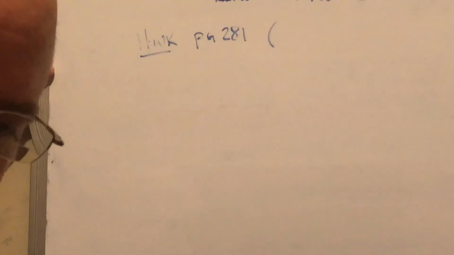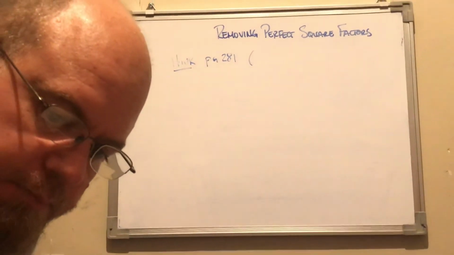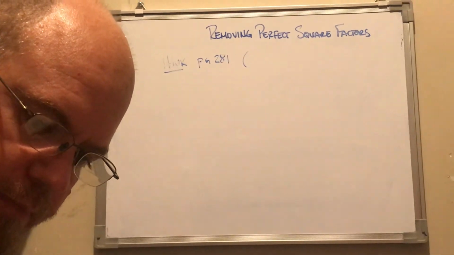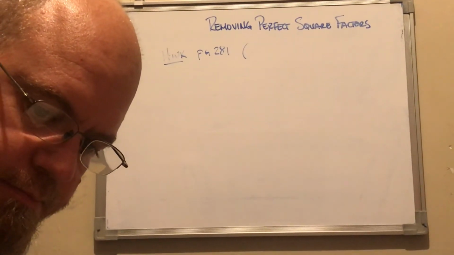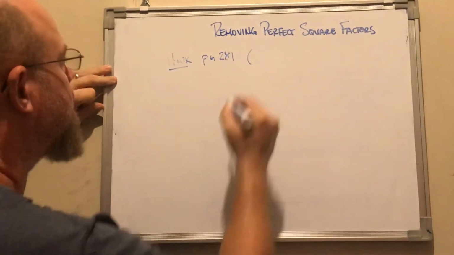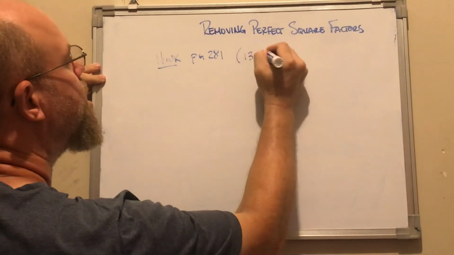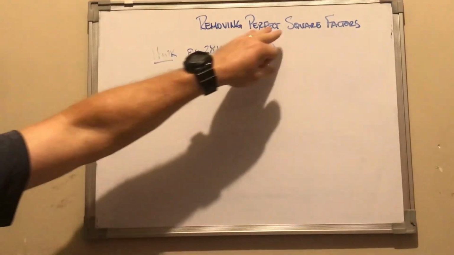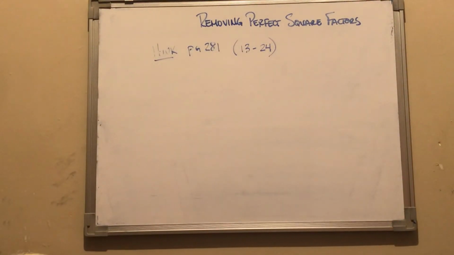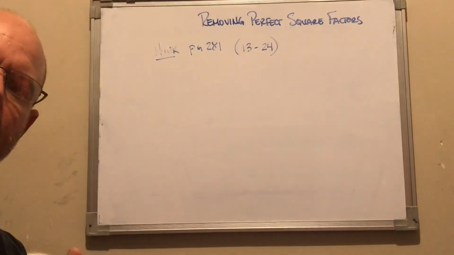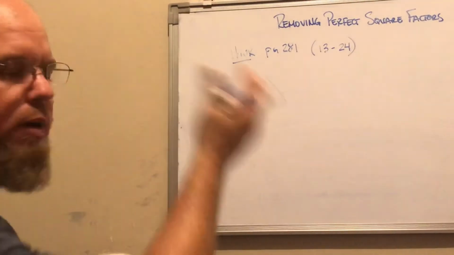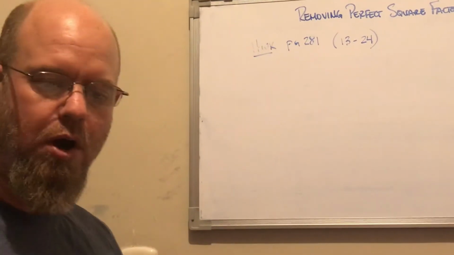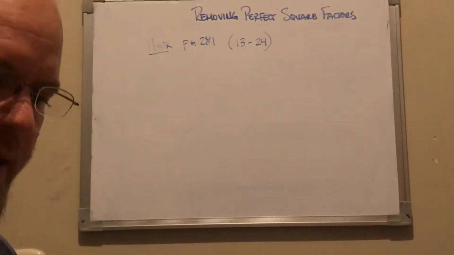We're going to do numbers 13 through 24. All right, so practice on removing the perfect square factors, and that's basically what we're doing, we are prime factoring using the product rule to be able to simplify larger and more complicated radicals.